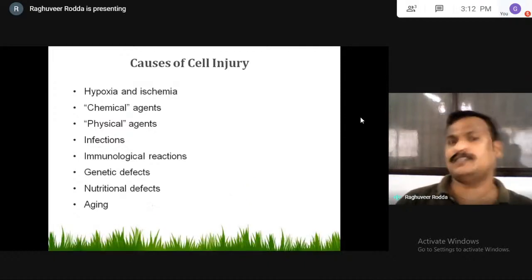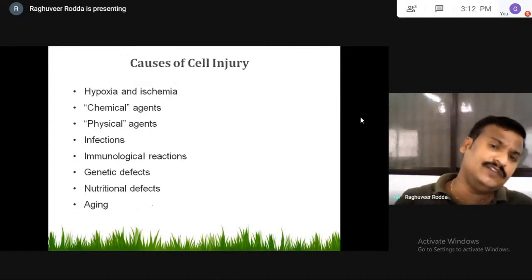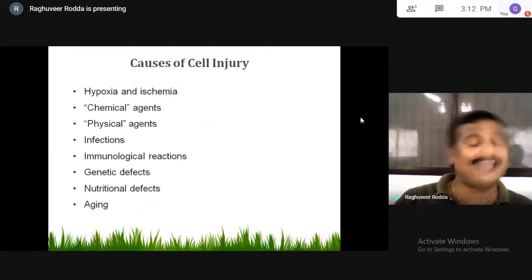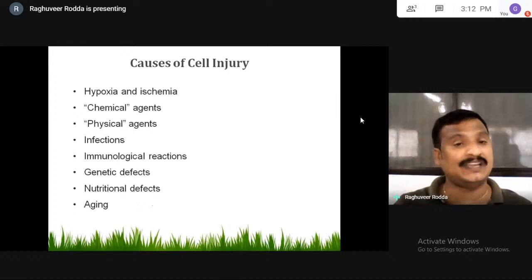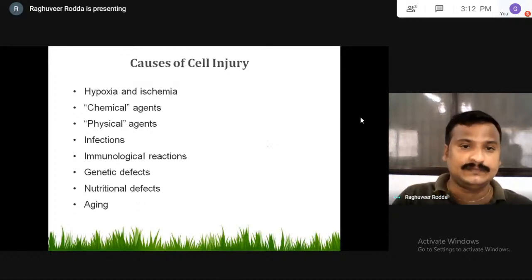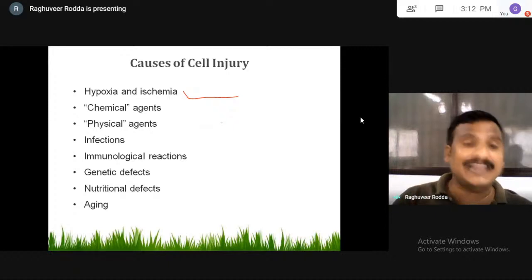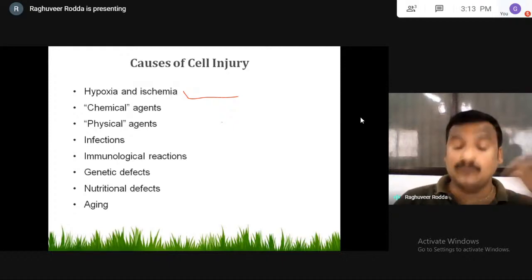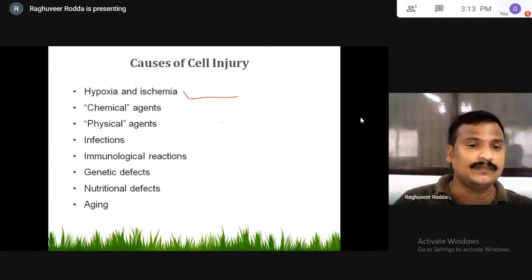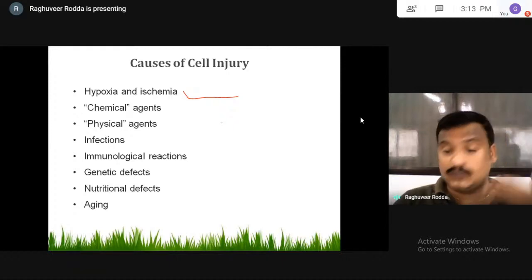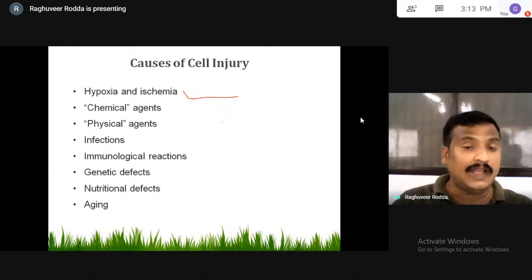Then what are the basic causes of this cell injury condition? Which conditions are going to create a changed environment within the cell, as well as the external and intermediate environment conditions, like hypoxia, the no oxygen condition, and ischemia, being unable to get proper perfusion as per requirements, a chemical agent, the presence of chemical substances, a physical agent like excessive thermal energy, excessive temperatures, and very cold climatic conditions, and infectious organisms and immunological reactions.